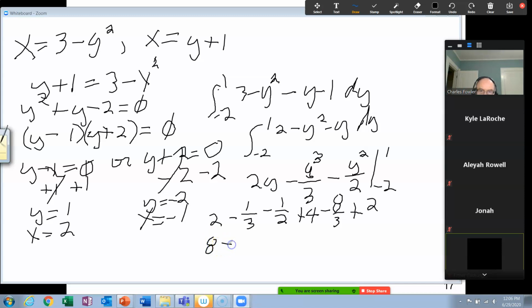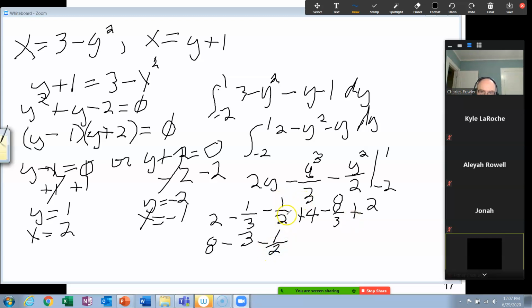And then we have a bunch of fractional minus signs. Well, first, -1/3 and -8/3, that would be -9/3, which is -3. So I'm going to put that -3 down here. And then we got a -1/2 we haven't accounted for, so we're just going to do a -1/2.